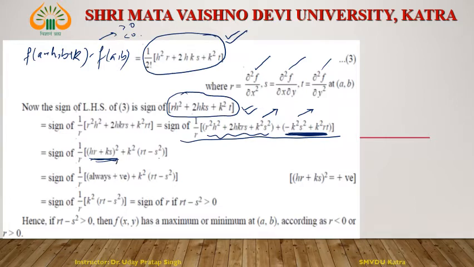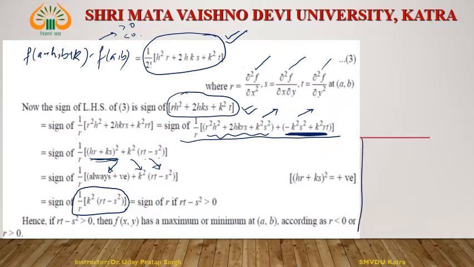See, this term is always positive. This term is always positive. 1 by r times rh plus ks square, and this is k square times rt minus s square. The sign of this term depends on the sign of r and rt minus s square.